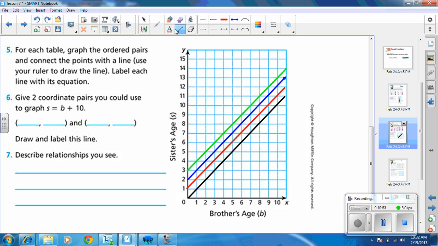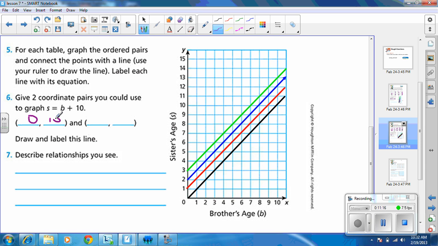So if we were needing just 2 ordered pairs to do this, we would need 0, 0, especially if they were 10 years apart. So if you and your sibling were 10 years apart, we would need 0, 0. Oh, it's not 0, 0. It would be 0, 10, right? 0, 10, because 10 years apart.